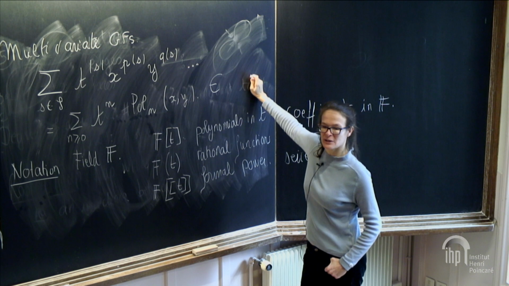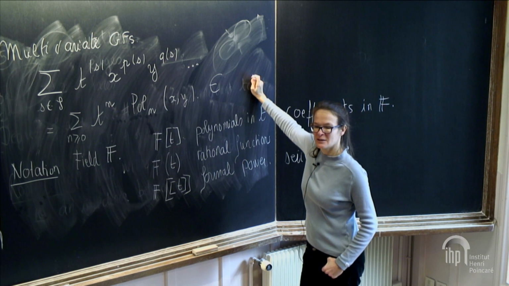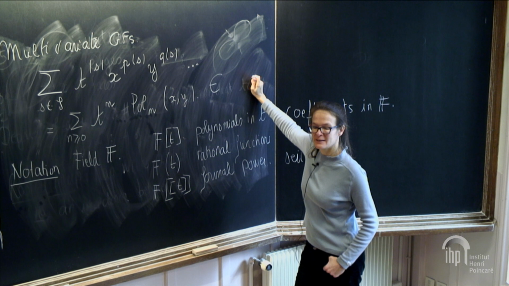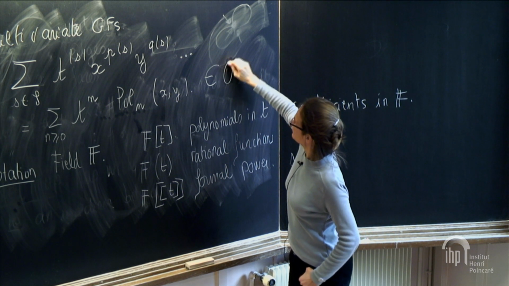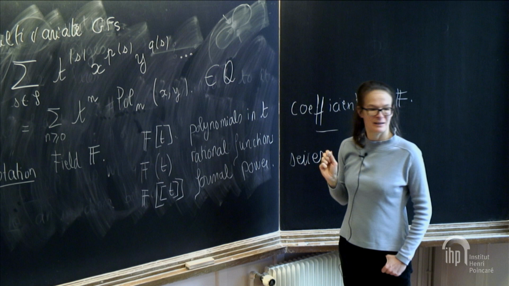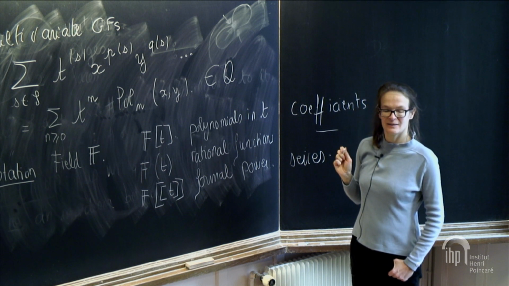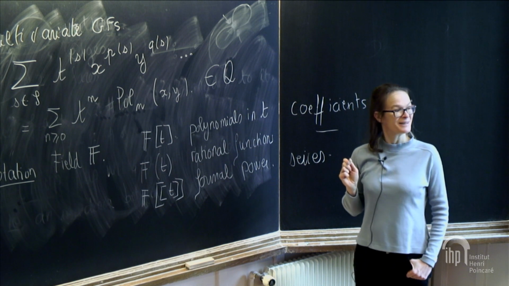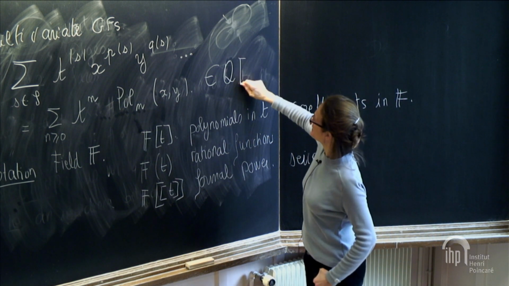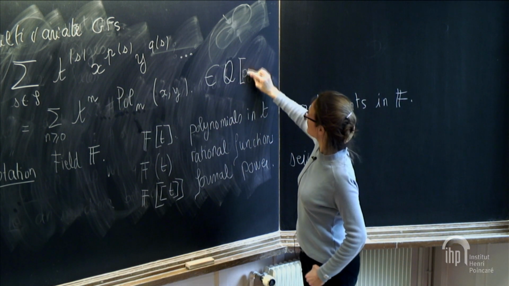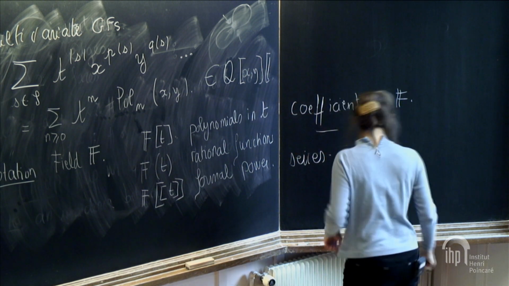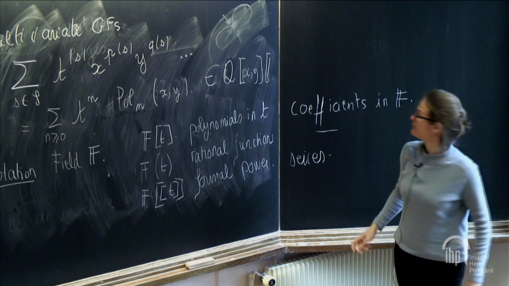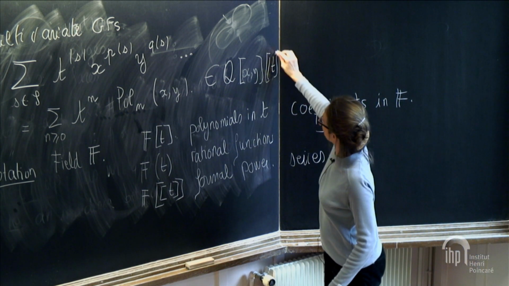So let's say it's Q, the set of coefficients. So let's say I have Q, and then I have polynomials in what? X and Y. And then here.